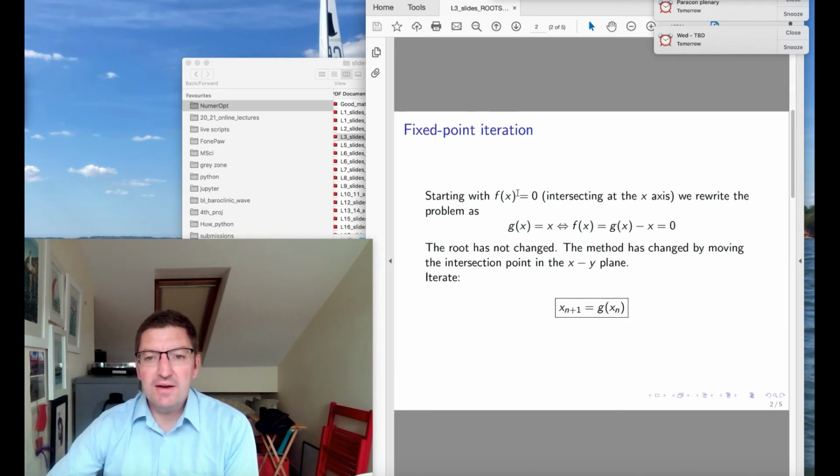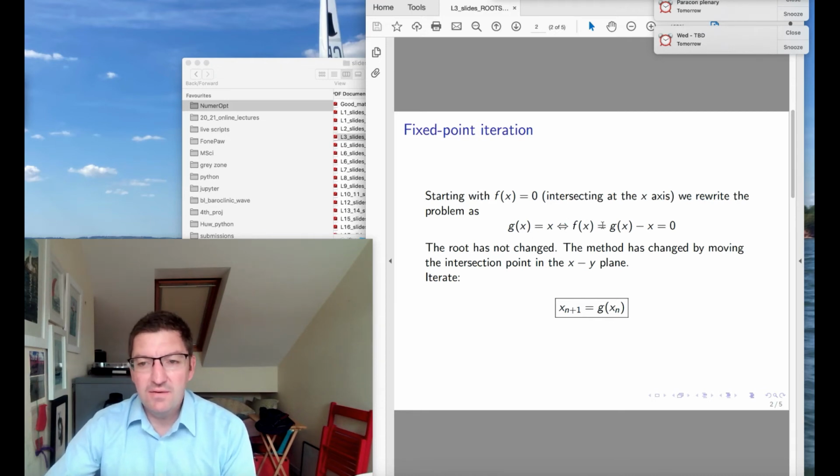So f(x) is our original function, if you like. g(x) is what we're transforming to, and this is identical, hence the double-headed arrow here, to f(x) = 0. If you take x off either side, it's f(x) = g(x) - x = 0.